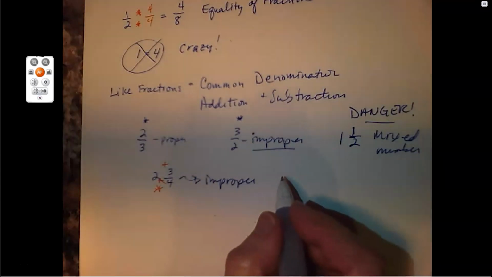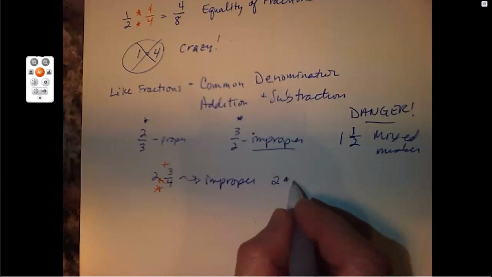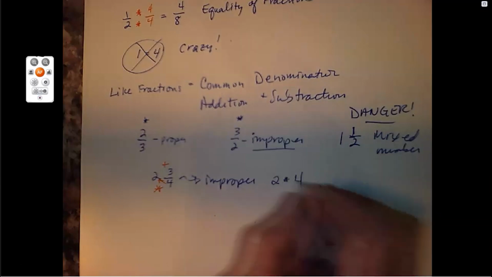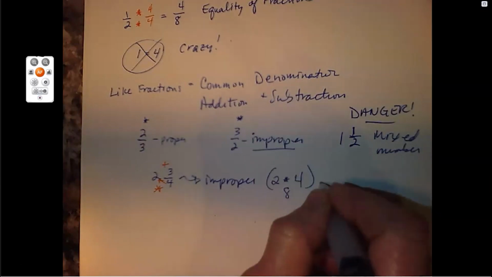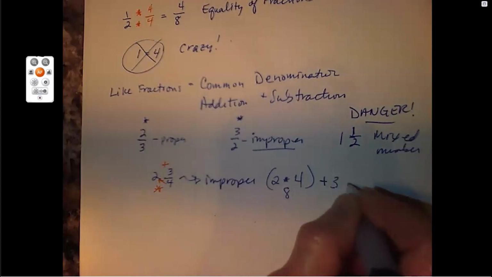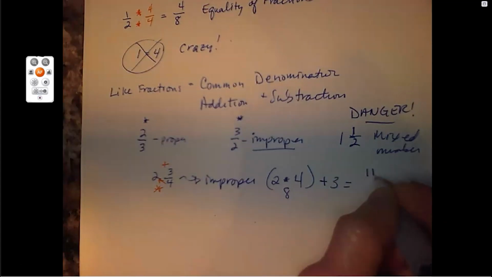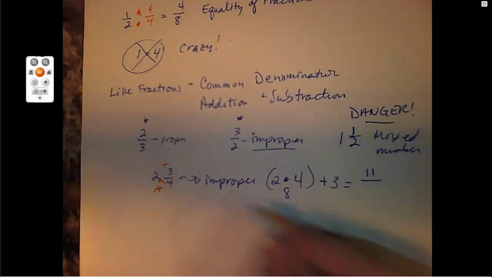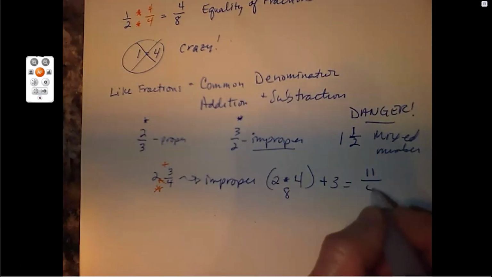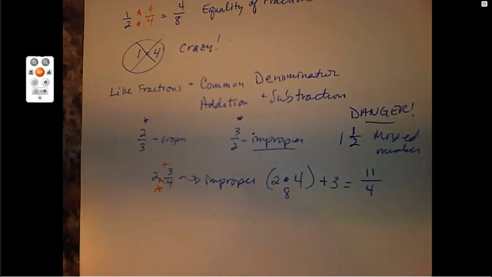I have that in the notes also, but we would take 2 times the 4, give us 8, right? And we would add the 3, so we would have 11, and we would maintain the same denominator, so we'd have 11/4. Okay, so that's changing the mixed number to an improper fraction.